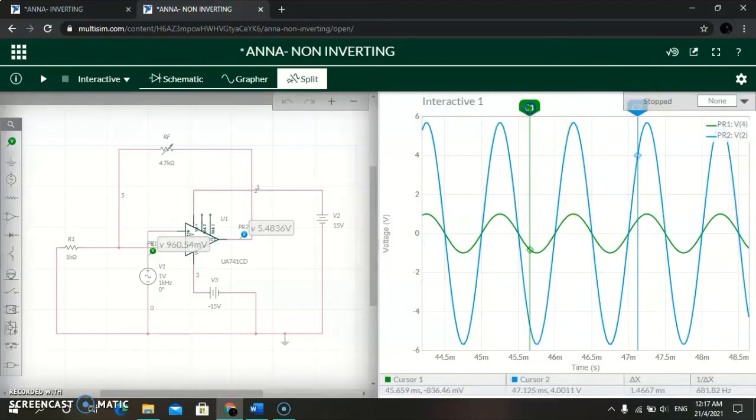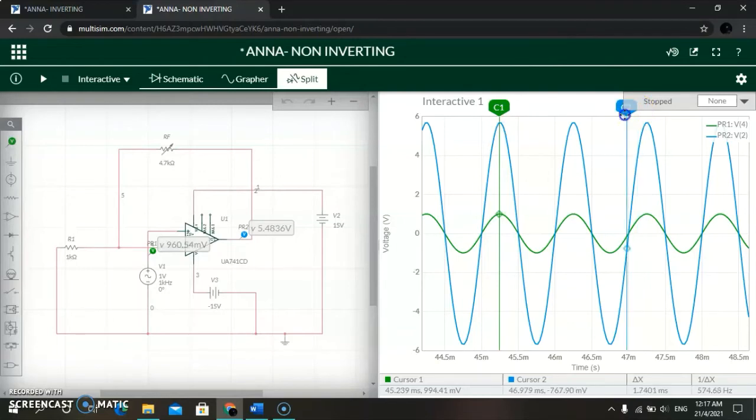If you see here, for Vin we should get around 1 millivolt, and for Vout we should get around 5.7 volts.